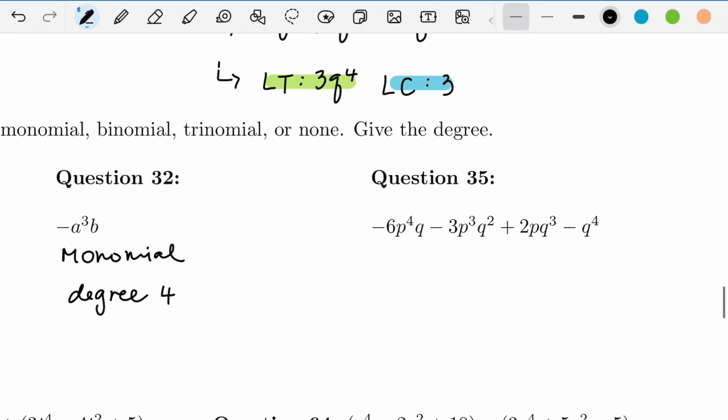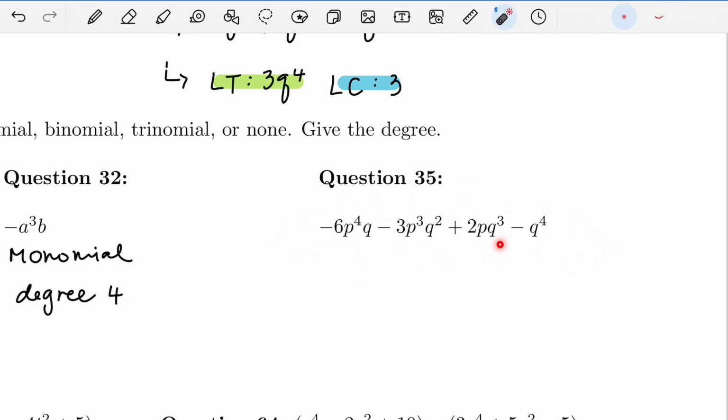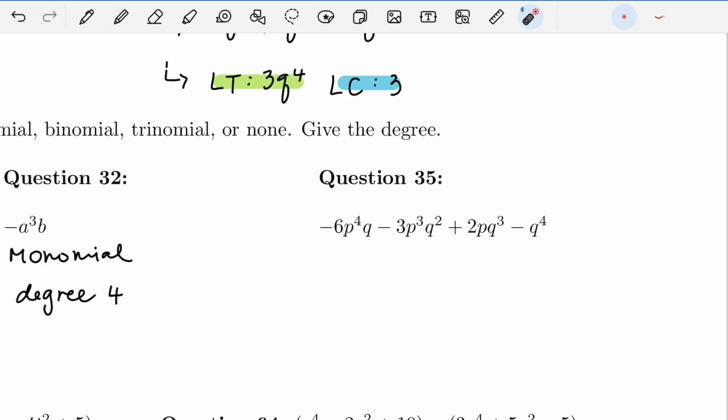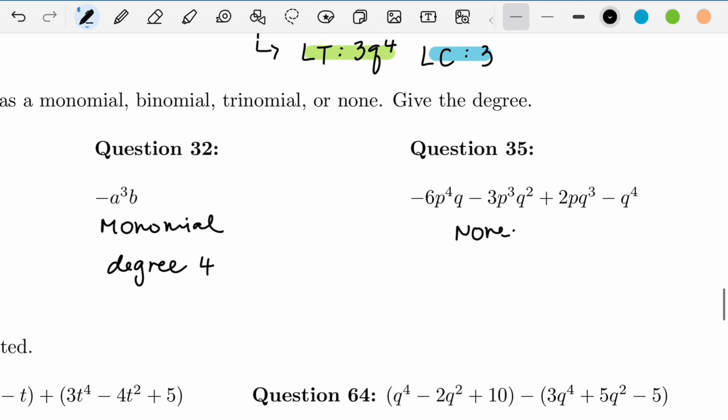All right, and so we want to do the same thing for question 35 here. We have this more complicated polynomial, and first we're going to identify if it is one of these three. Now notice we have 1, 2, 3, 4 terms. So this is none of these. It's not a monomial, binomial, or trinomial. So we're just going to say none. And then we want to give the degree.